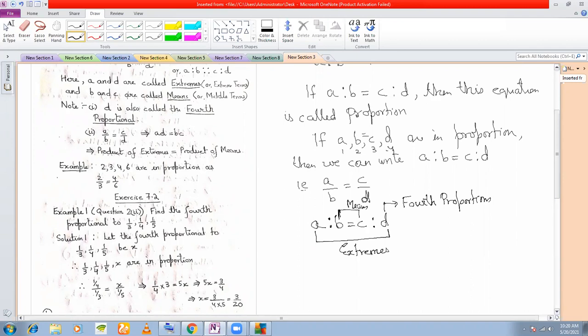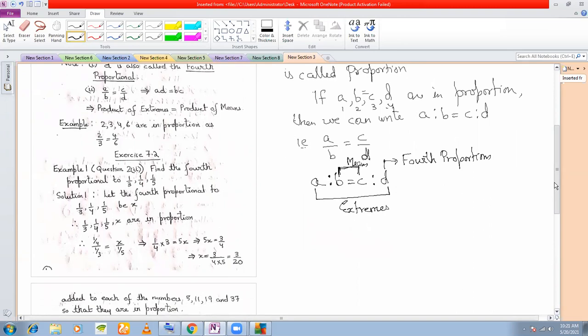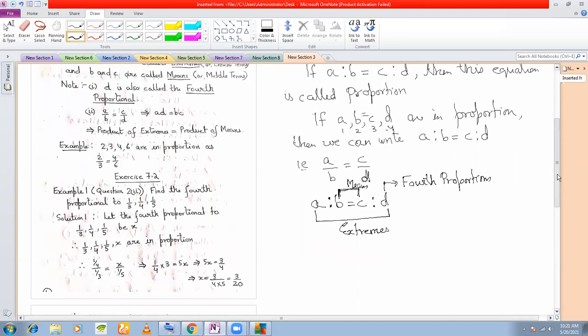And the consequent of the first and the antecedent of the second ratio are called the means. And D is sometimes called the fourth proportional. So this is just a basic definition.